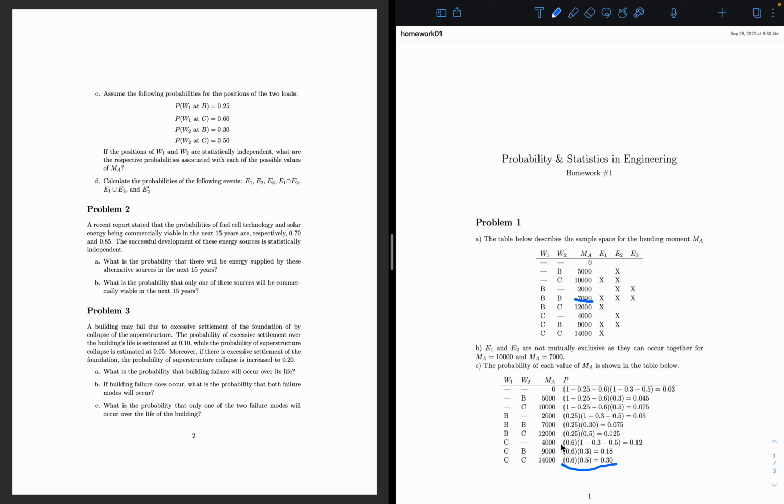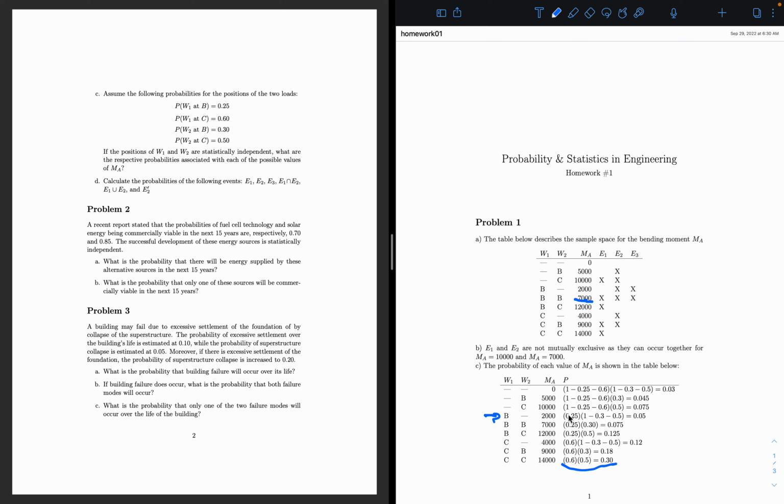Now, things get a little bit more complicated if we have the event of a load not being applied to any of the points. So, for example, let's look at this one here. We've got load B applied to W1, so we've got a 0.25 probability, and then we need to make sure that W2 is not being applied anywhere.